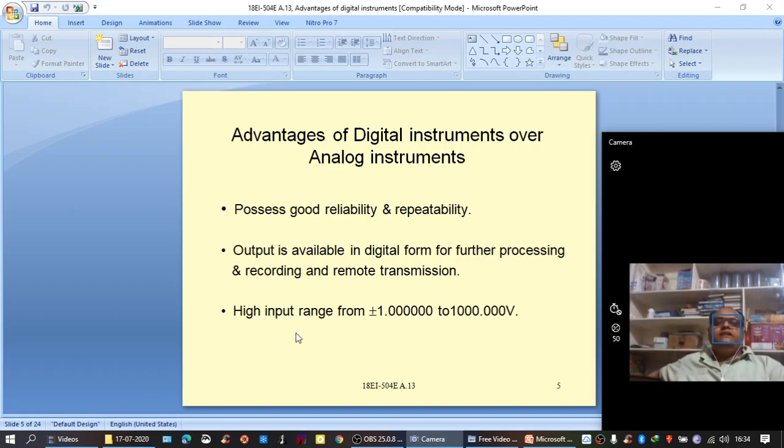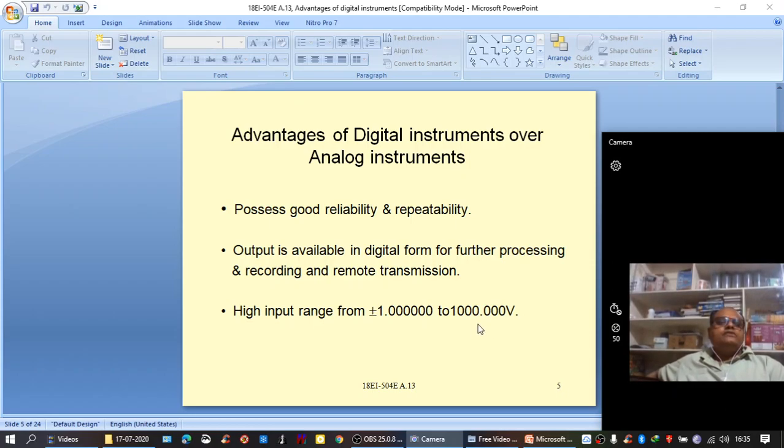Next, high input range starting from plus or minus 1.0000000. That is, it is accurate to 10 power minus 6th part, to 1000 volts, 1000.000.